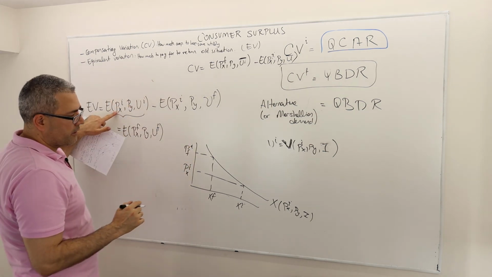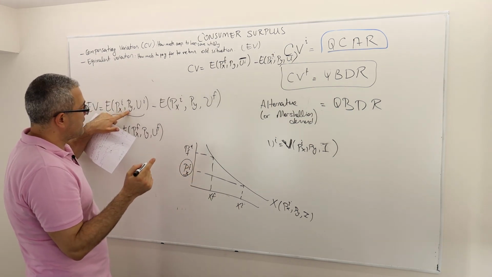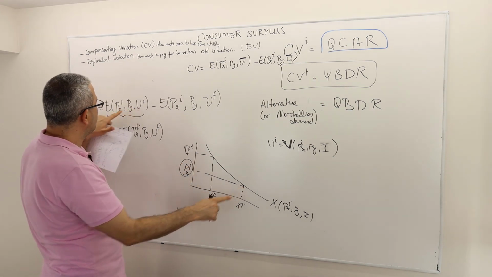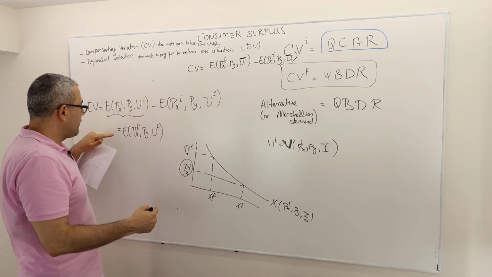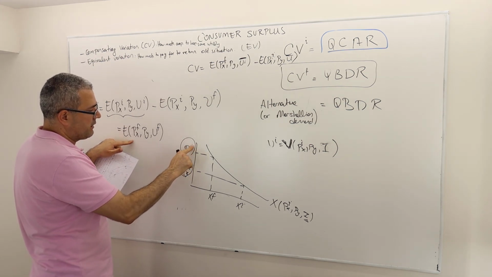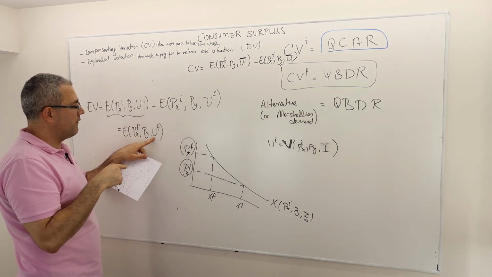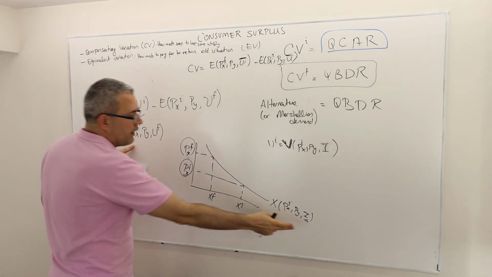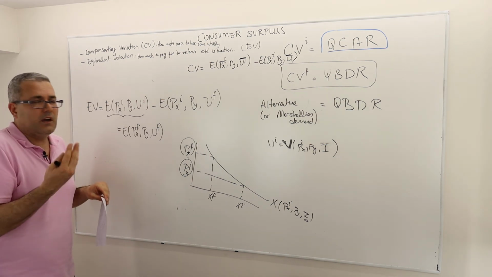The expenditure at the initial price, PY, and the same utility level must be equal to the income, right? And also the expenditure at the final price, PX final, PY, and the final utility level should also be equal to income, because the income of this guy is still the same.